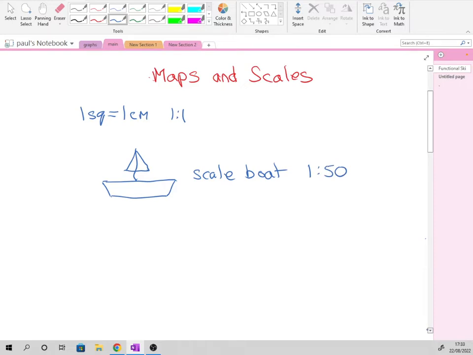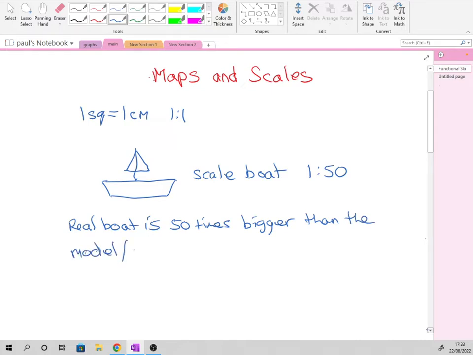And what this means is the real boat is 50 times bigger than the model or drawing. For every one on the model or drawing, the real thing is 50 times bigger.